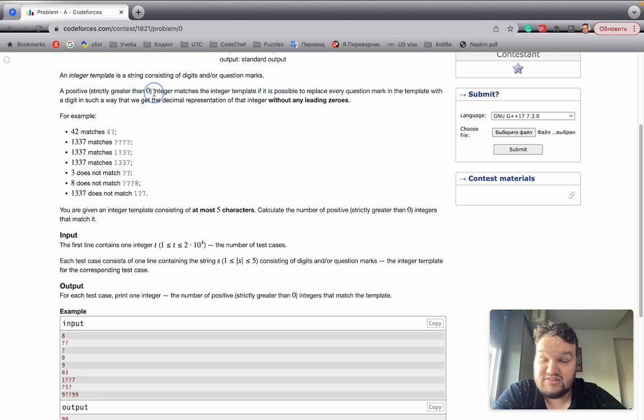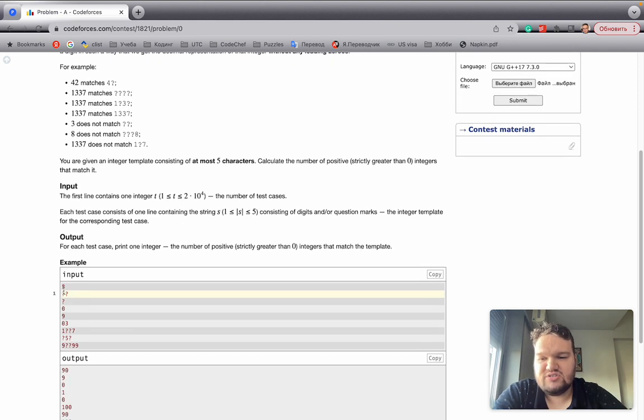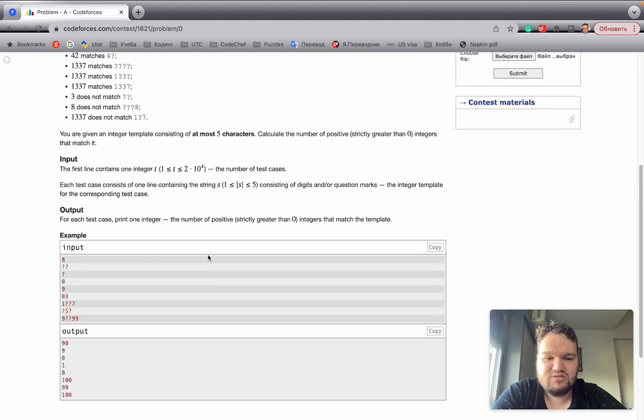A positive, strictly greater than 0, integer matches the string if we can replace question marks by digits and get a representation of that number in the decimal system without leading zeros. So basically the first digit must be non-zero and every other digit can be anything.